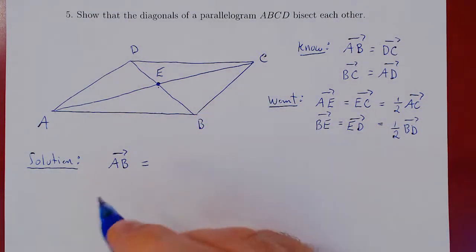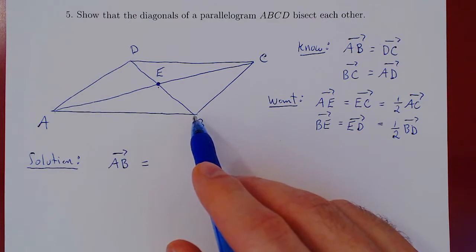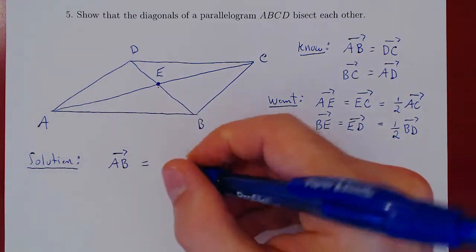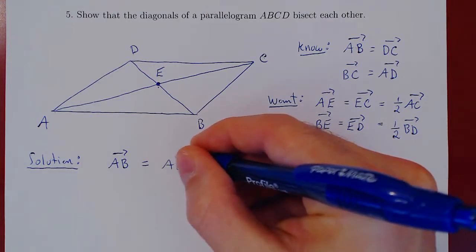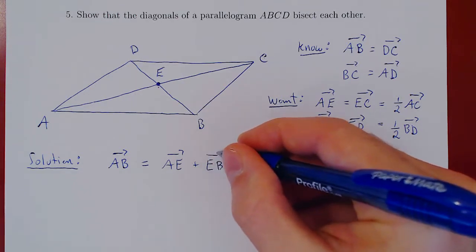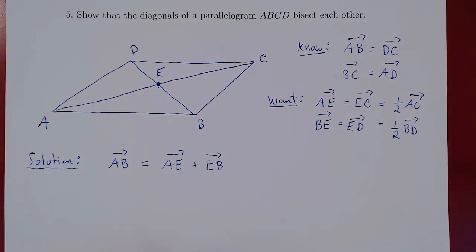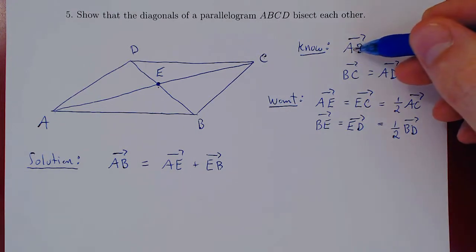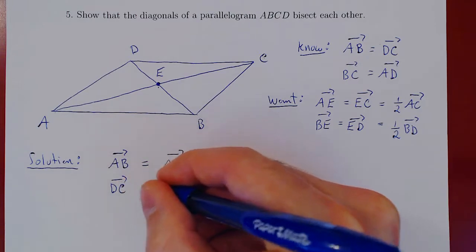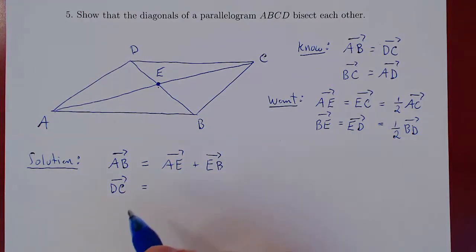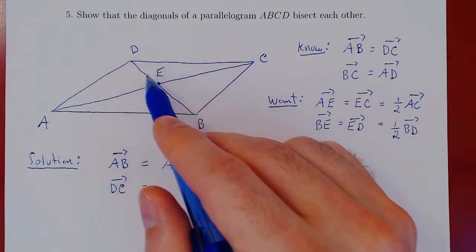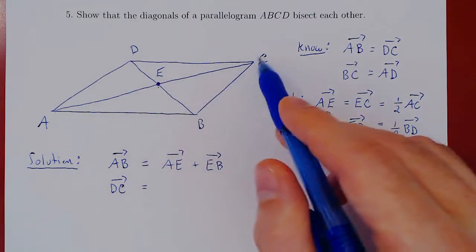So as before, we'll start with saying, well, vector AB is the same as vector AE plus EB. Well, now what is the assumption? That vector AB equals vector DC. So let's consider now vector DC. Vector DC can be obtained by doing vector DE plus vector EC.